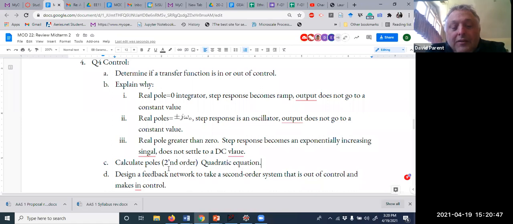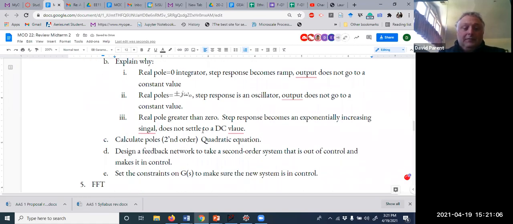And then you need to design a feedback network to take a second order system that's out of control and make it into a system that is in control.